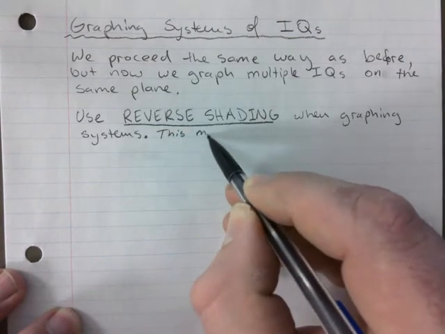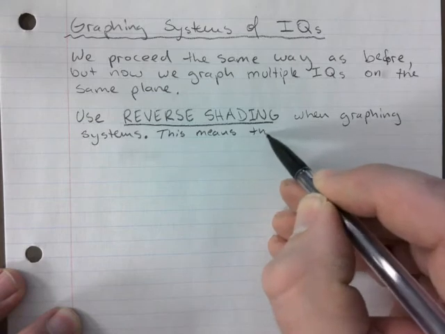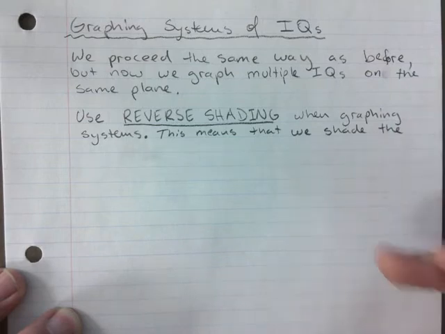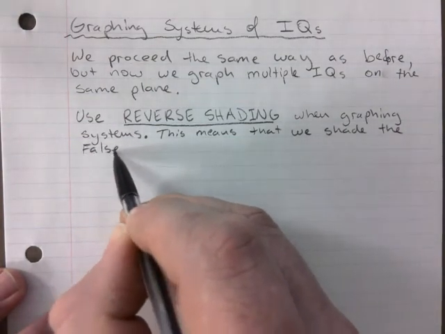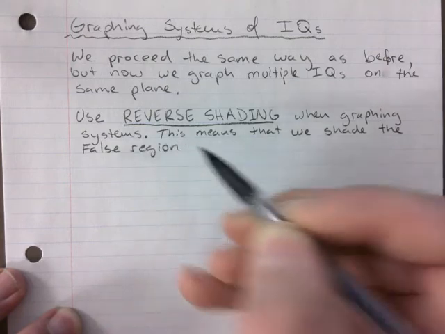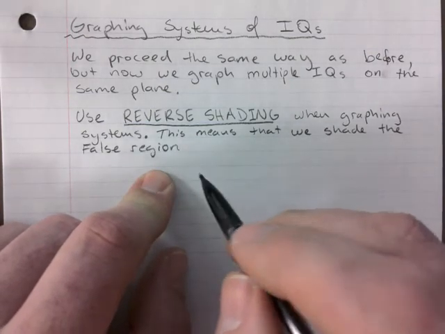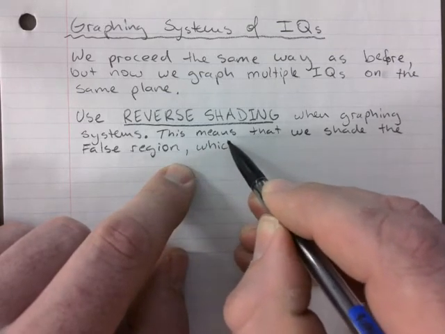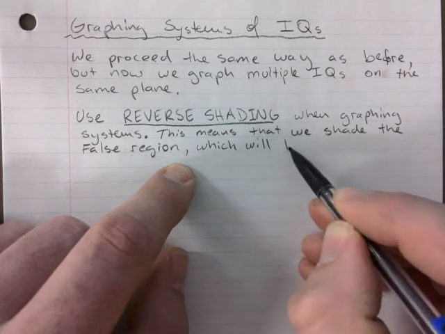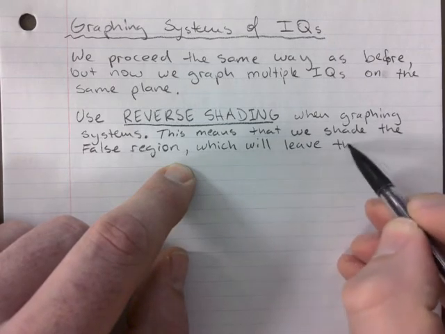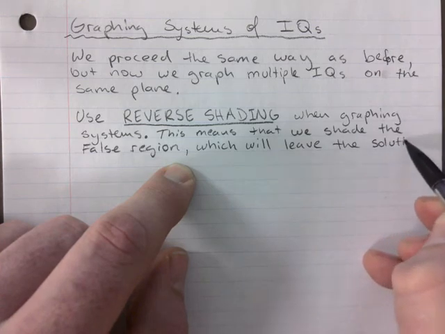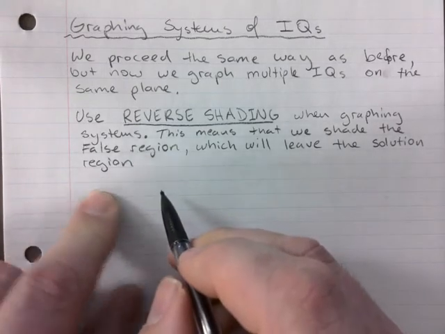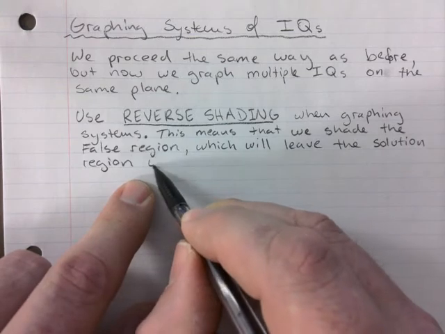This means that we shade the false region, which will leave the solution region unshaded.